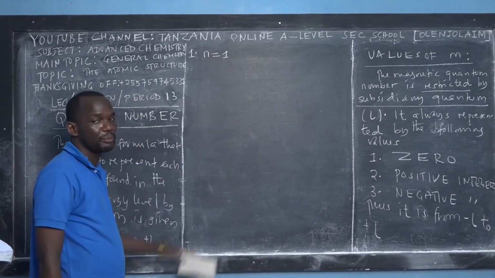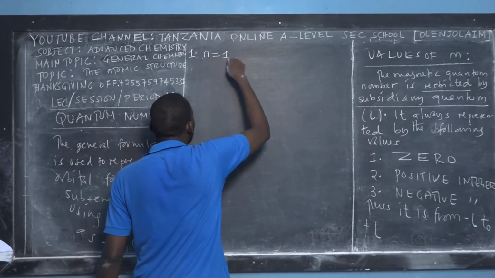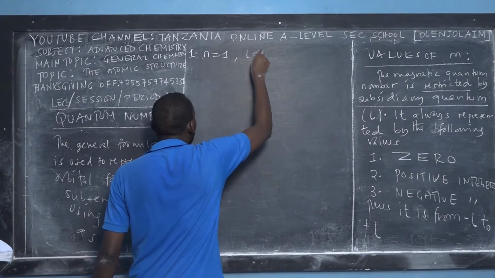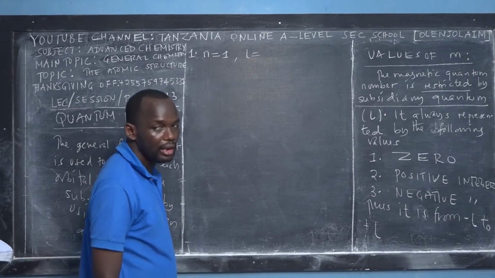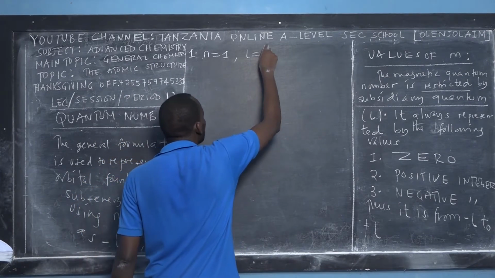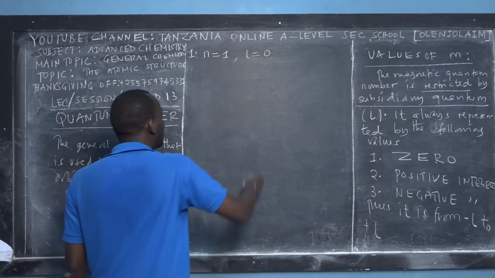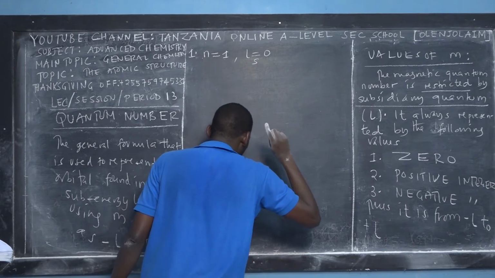This we call the principal quantum number. Listen carefully. From this principal quantum number, we get the subsidiary quantum number, which will be n minus 1. So for this case, L is equal to 0, right? In terms of sub-energy levels, this we call the S sub-energy level.